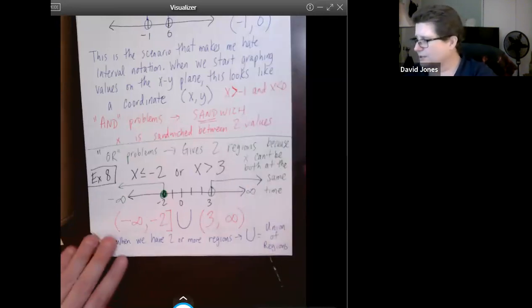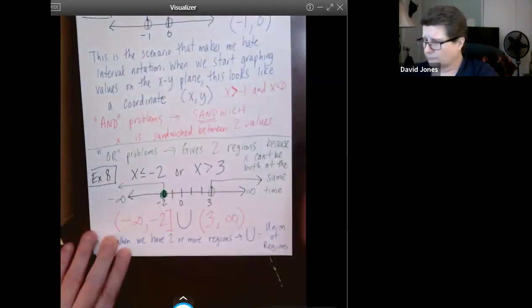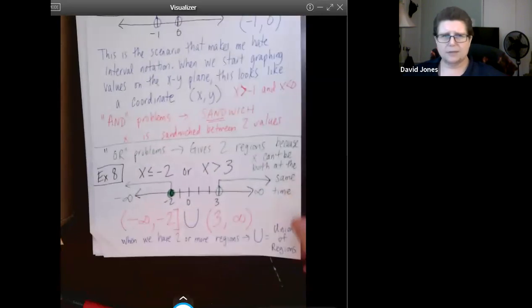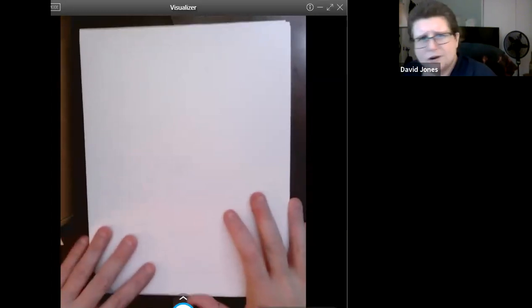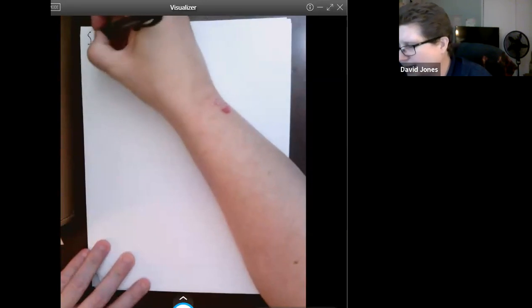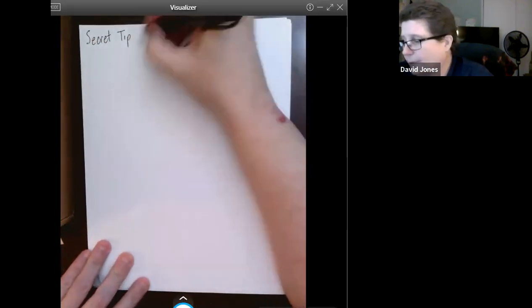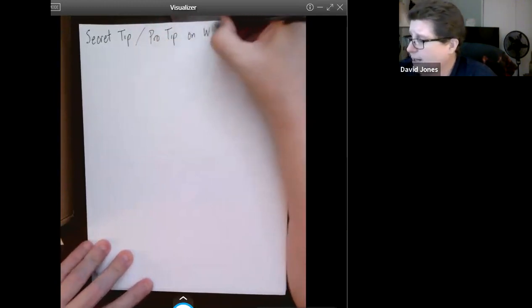Now let's just do some with equations. Actually, I'm going to show you something else. Here is a secret tip, a pro tip, for identifying where to shade.